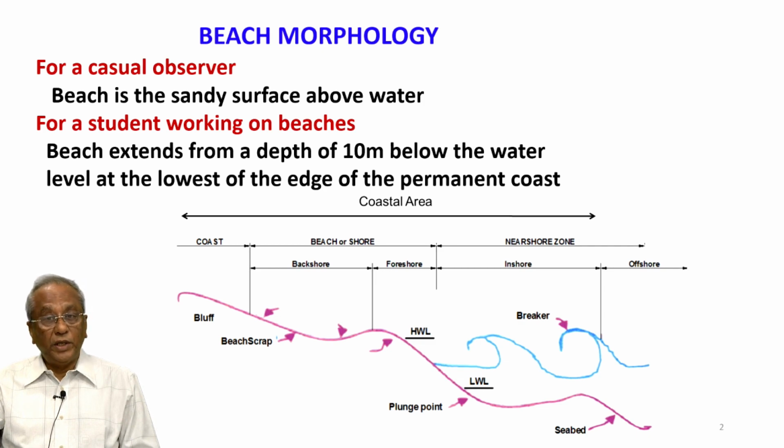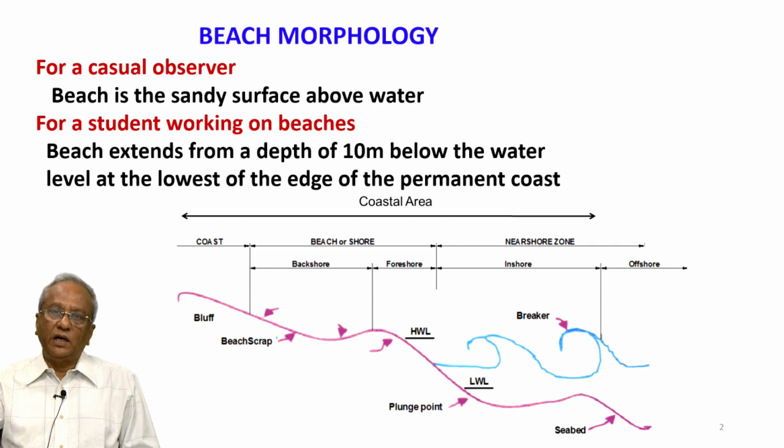This need not be only in front of an ocean. Even along a lake, if you have a considerable amount of sand, they define it as a beach. This kind of definition is for a casual observer.